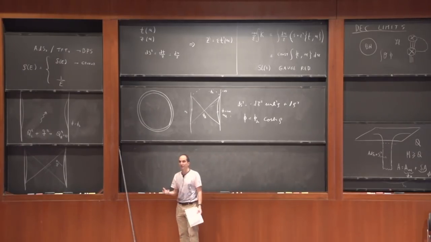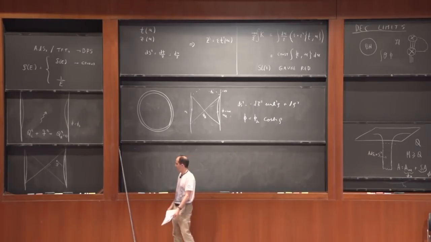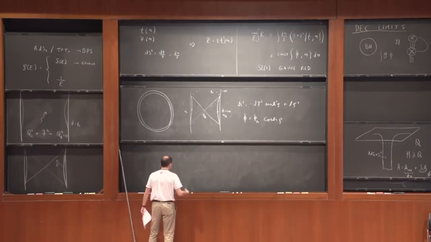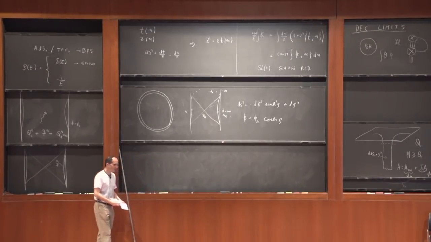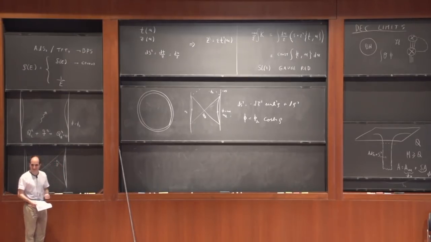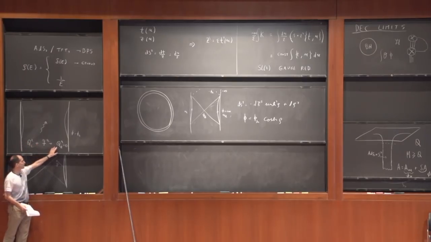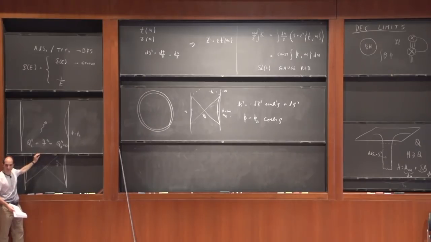They correspond to, to leading order, conformally invariant fields that propagate, that are in SL2 representations. It's very tempting to think of them as the analog of fields that propagate in AdS2. We don't have a local action for those fields in terms of AdS2, but we have a similar structure in the sense that we have an equation similar to this one that will tell us that if those fields are in some representation of SL2, then the Schwarzian variables have to adjust so that this equation is also obeyed.